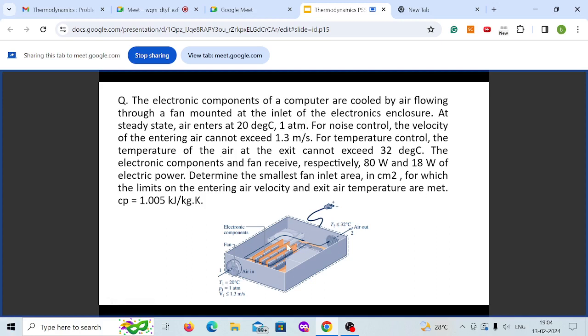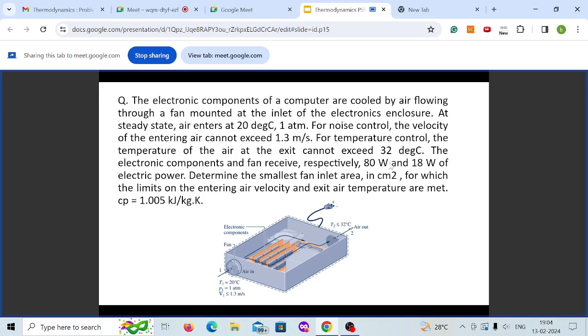They are also saying that for temperature control, the temperature of the air at the exit cannot exceed 32 degrees Celsius. So your exit condition is given. The maximum temperature it can go is 32.